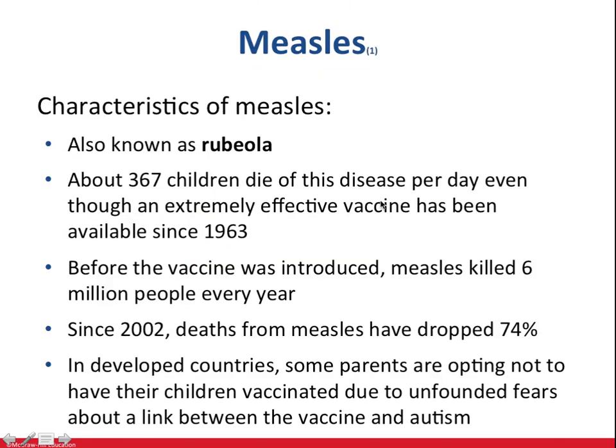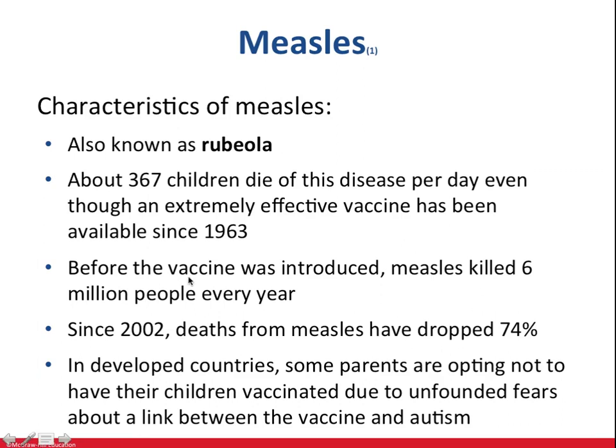Now let's talk about the measles. Measles can cause 367 children to die per year, even now, although the measles vaccine has been widely introduced to human societies.